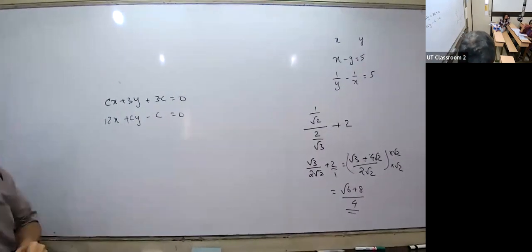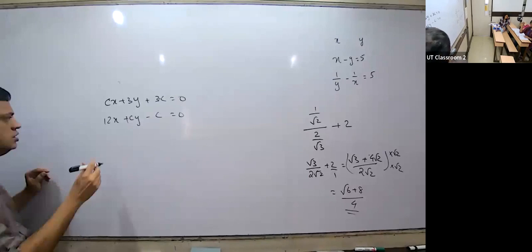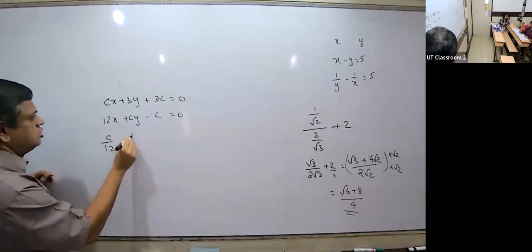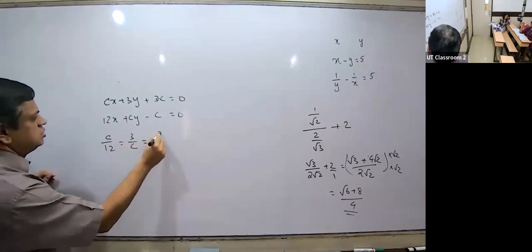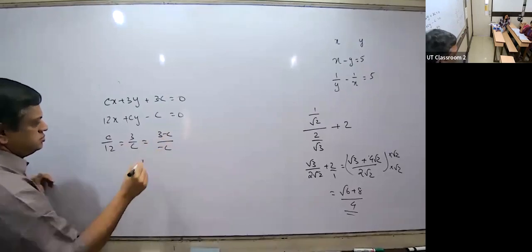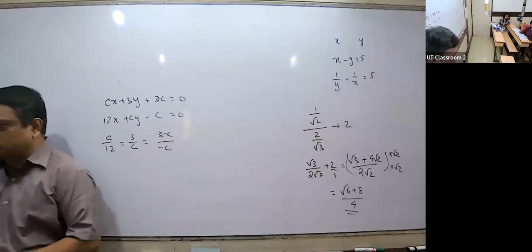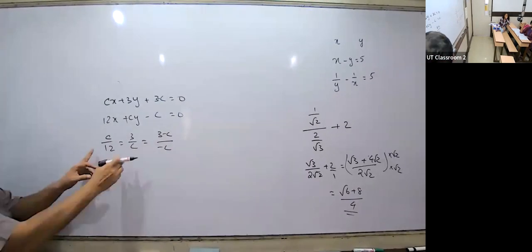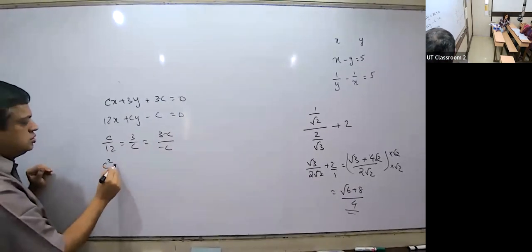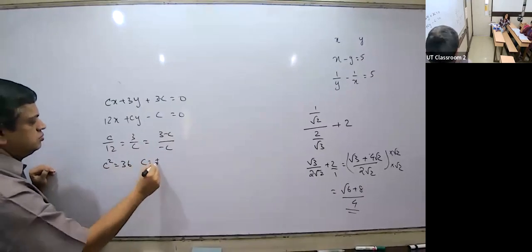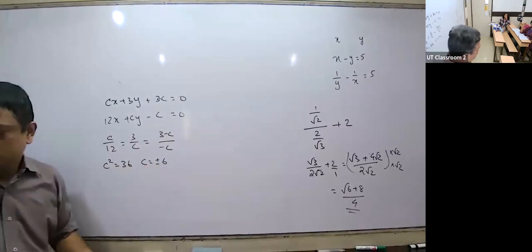This we have done now in terms of c: c by 12 is equal to 3 by c is equal to (3 minus c) upon (minus c). Taking the first two, c square is equal to 36. Therefore c is equal to plus or minus 6.